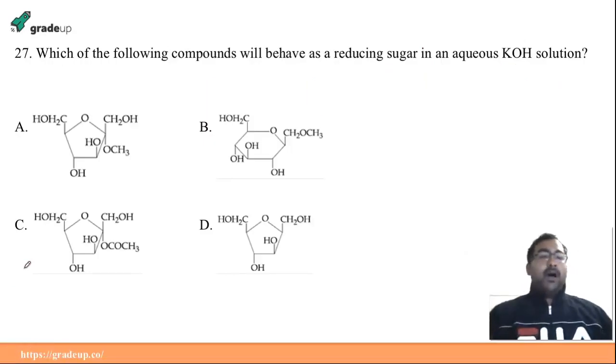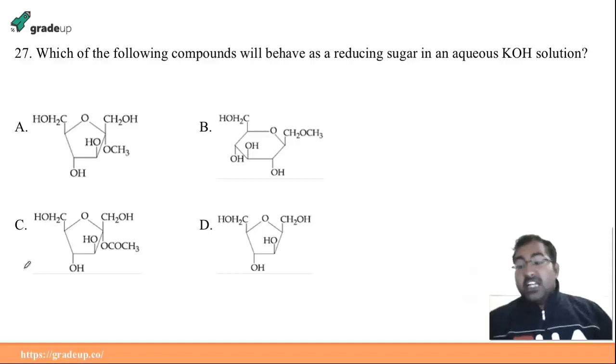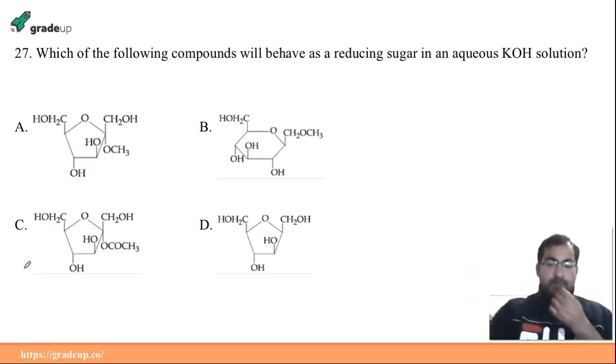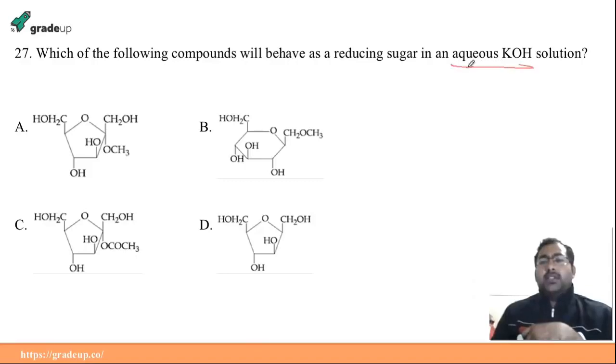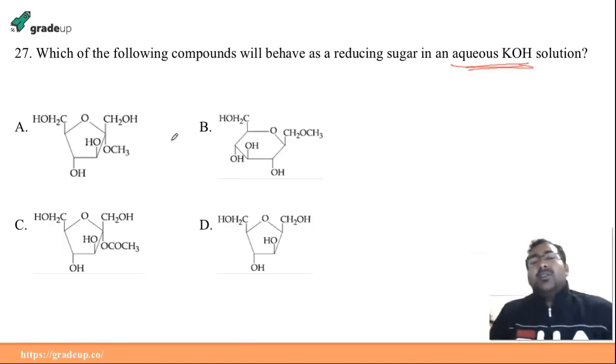And now the tough part of your organic chemistry starts, if you haven't read it very thoroughly. Okay, so let me solve this question for you. Which of the following compounds behaves as a reducing sugar in aqueous KOH solution?